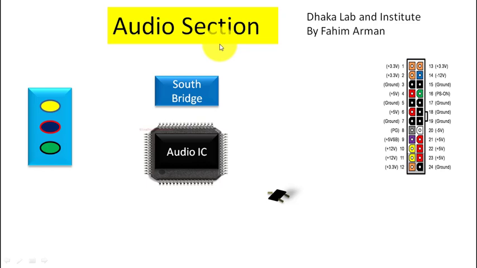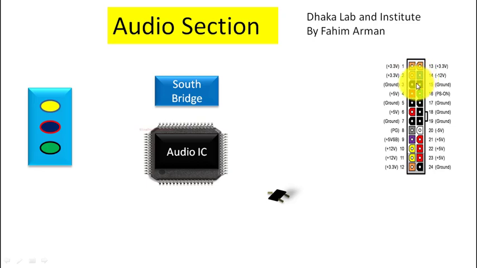So I am discussing it today, and first of all we can see there is a colorful diagram. This is actually a desktop motherboard. The 24-pin ATX connector is joined from the power supply.